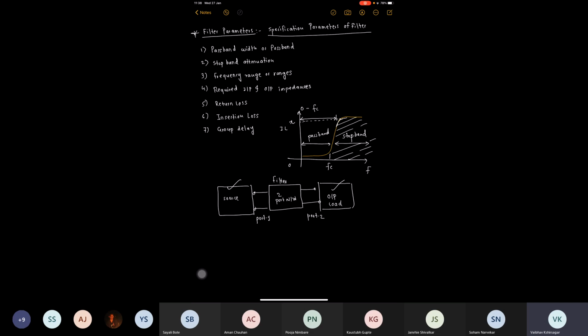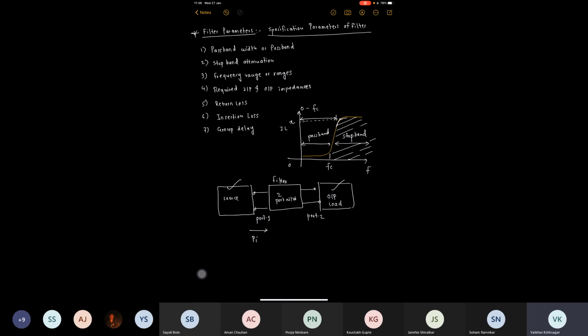Okay, so this itself indicates the return loss and insertion loss concept. Let us say the source is providing input power to the load via the filter. This input power is Pi. Out of this input power, some of the power will get passed through the filter and some of the power will get reflected back.